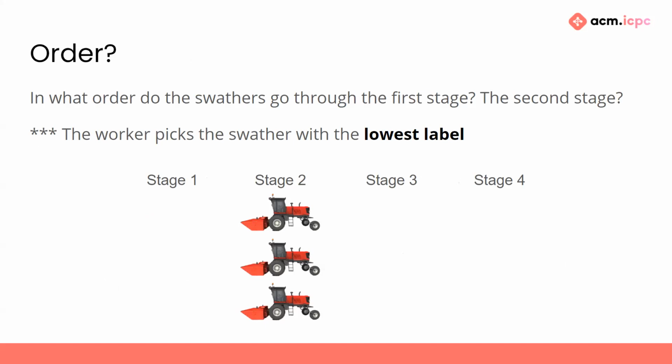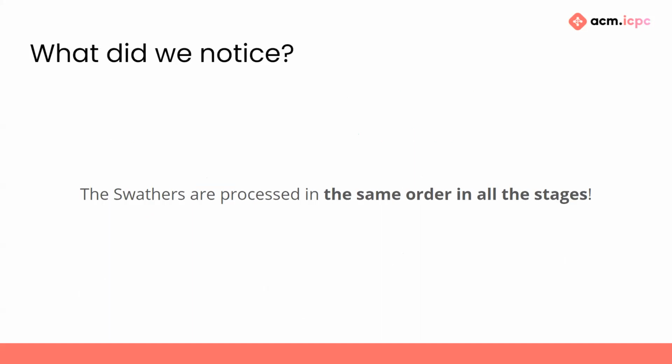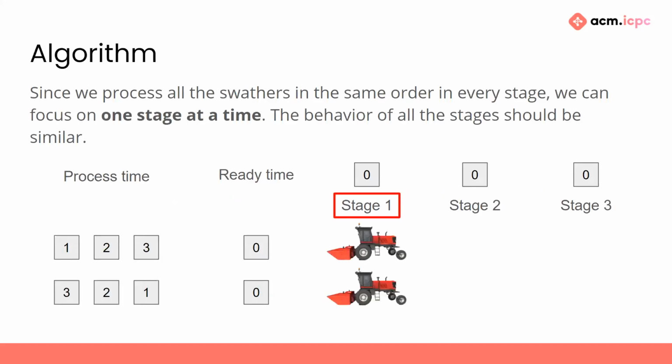The worker is also going to work on the first swather, and then the second one, and then the third one. Which means for this question, the order is the same for all stages. And we can simplify this problem to only one stage, and then we consider one stage at a time. Eventually, we'll come to this third stage, and the finish time of the third stage would be our final answer.